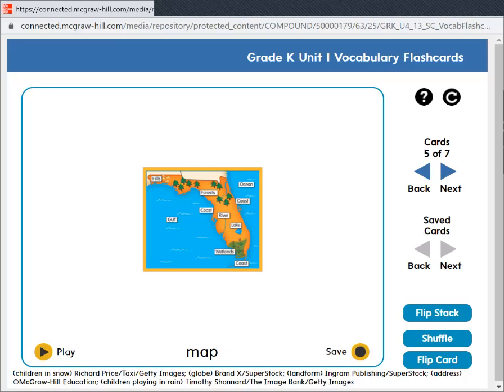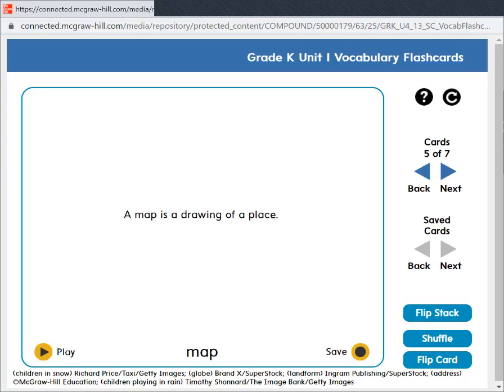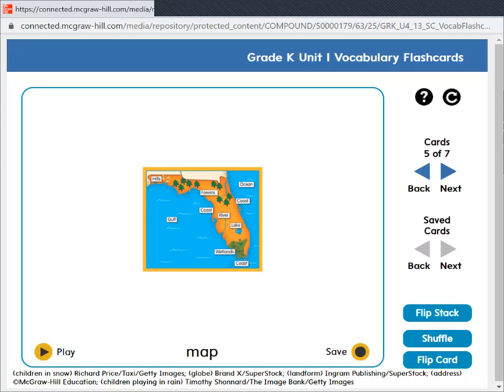Map. Can you say map? We're looking at a map here. A map is a drawing of a place. So if you look at this map, it has different labels that are showing you what is on this map.